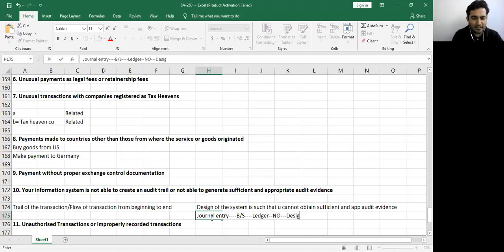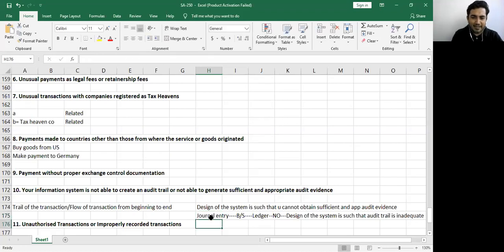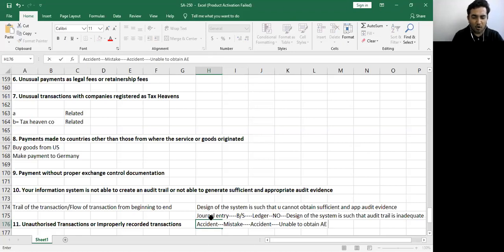Because the design of the system is such that the audit trail is inadequate. Second is accident. Accident means the design is absolutely correct, but somewhere by mistake or by accident, you are unable to obtain audit evidence or audit trail.